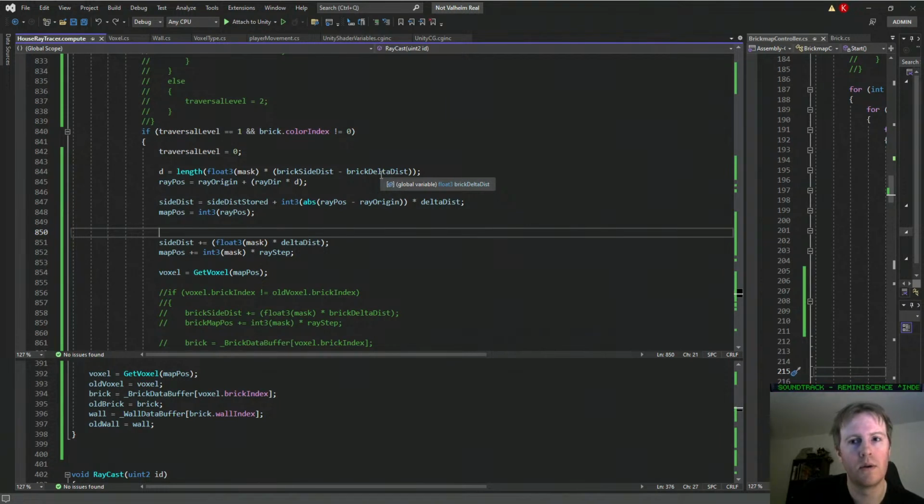So if we travel a whole brick, then that distance length should be the same as if we have traveled that distance in voxel space. And because of that, I should be able to use it just straight up as it is to multiply and figure out how far in we are. But it just won't let me.